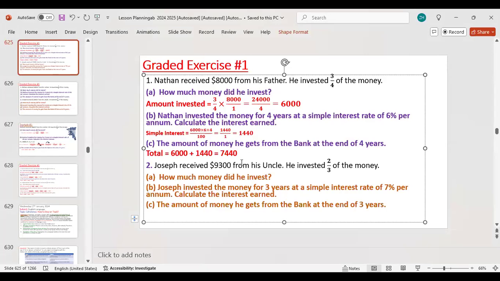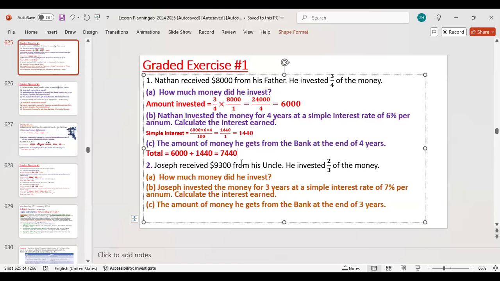Is it 7,500 something or 7,440? Which did y'all get? 7,440. You added wrong. Yes, I had the wrong simple interest. Okay, that's no problem. Go ahead and explain it again.